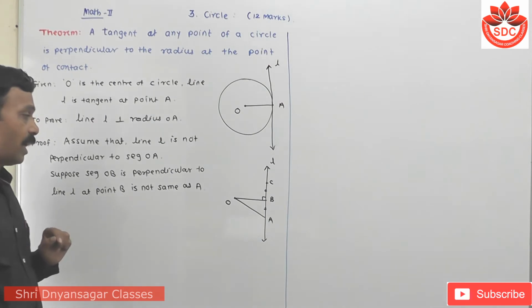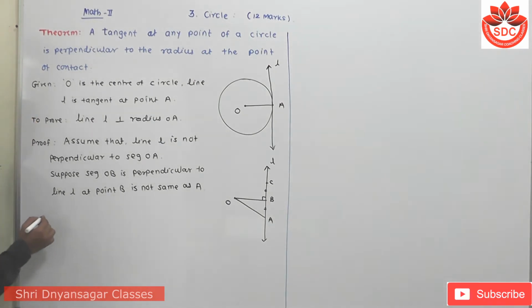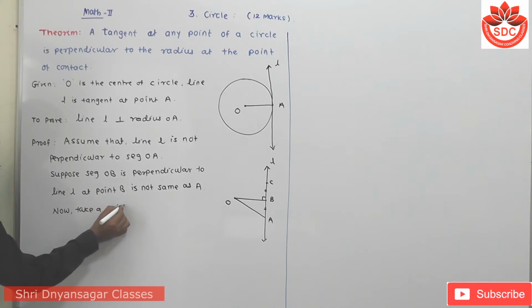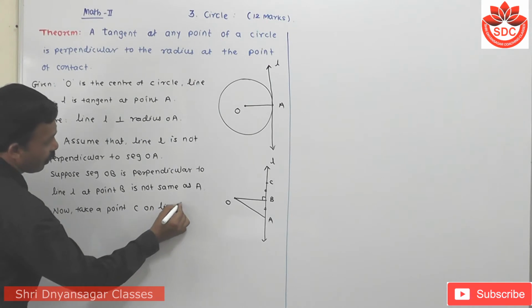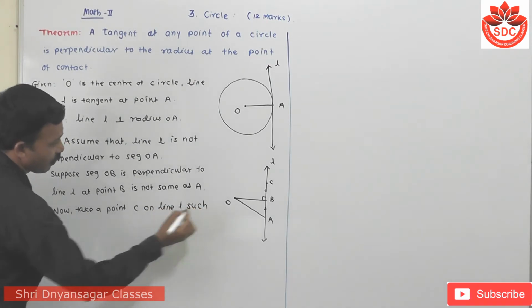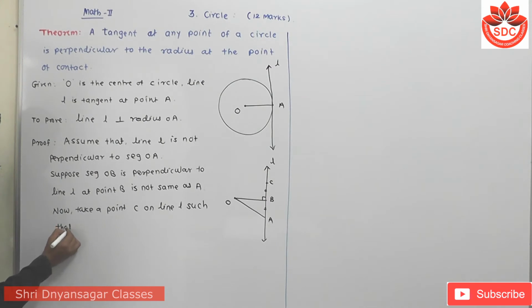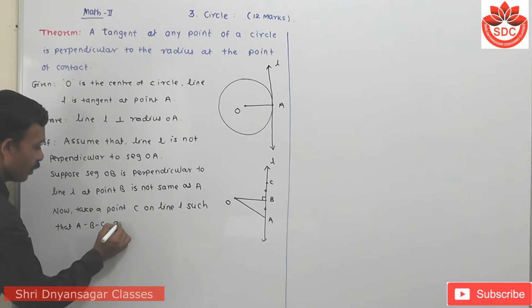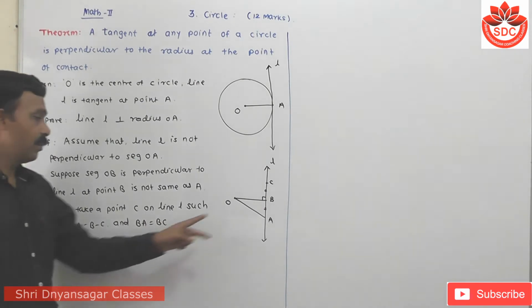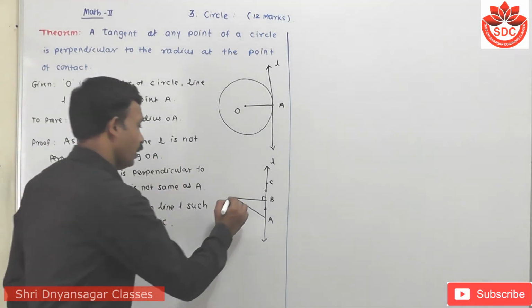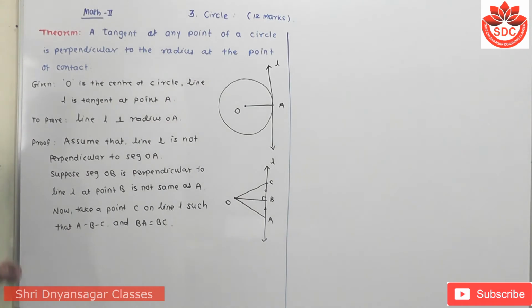We take point C on line L such that A-B-C are collinear and BA is equal to BC. BA and BC are equal. Join segment OC.